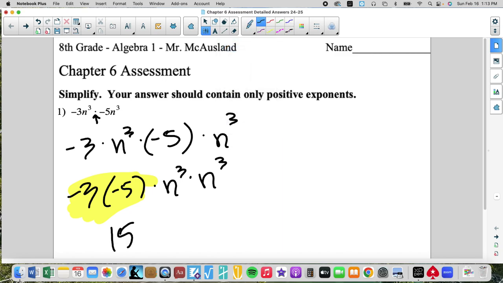And then we have like bases. These have the same base. So when we multiply like bases, we can do it in a more efficient manner by just adding their exponents, because we have 3 n's multiplying 3 n's.